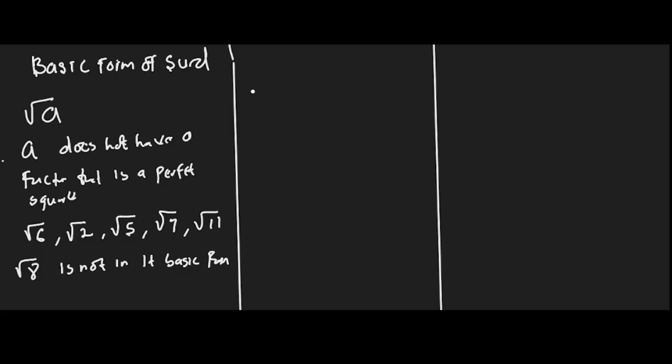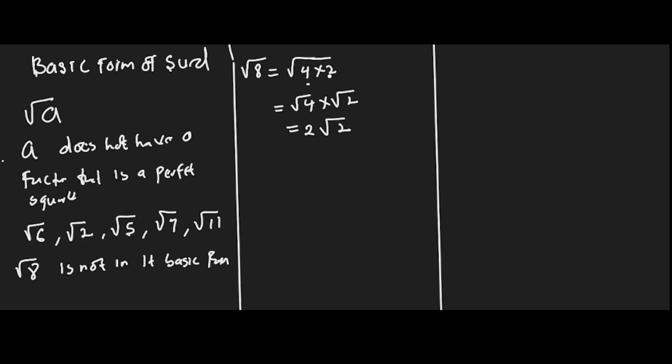Because one of the factors of 8 is a perfect square. That is, we could still write root 8 as root 4 times 2. This 4 here is a perfect square. From the law we started with, we could have root 4 times root 2, and this is going to give us 2 root 2.